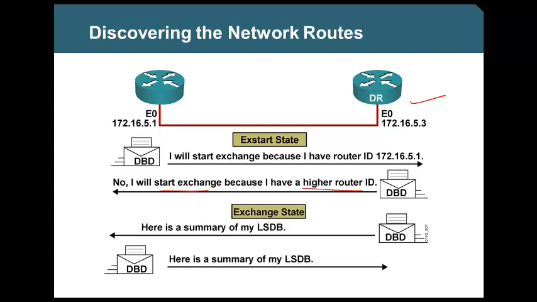If it is not an Ethernet LAN segment, then you will have a serial wire. In that, the one with the bigger router ID, higher router ID, will be the master. So master will initiate the exchange. So that decision making, who will start the exchange, is taken in this exstart state.